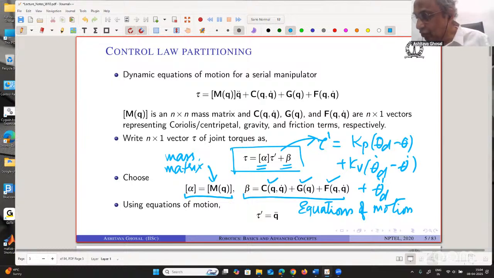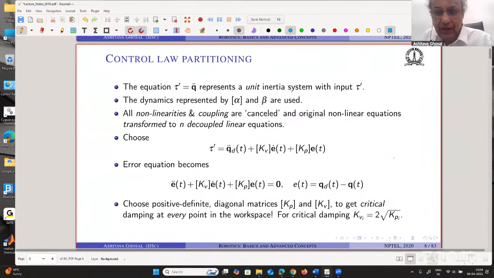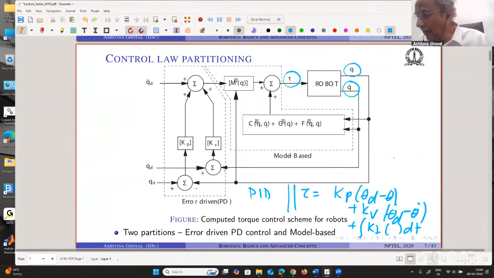So we are going to choose the torque which is going into this robot as alpha, which is the mass matrix times tau prime, plus beta, which is this bias term, and tau prime, which is the PID part. So what you can see here is this is one part of beta, and this is the other part which is the mass matrix.